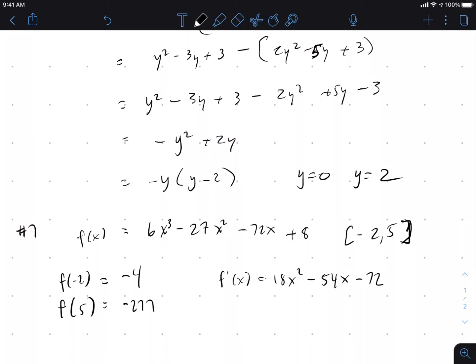I believe... Does 9 go into 54? I can't remember. Yes, okay. So I can pull out a 9. Is that right? 9 times... Oh, I can pull out something bigger. Oh, 18.